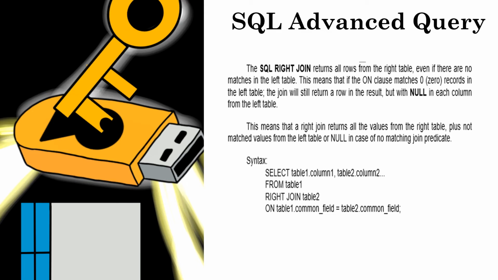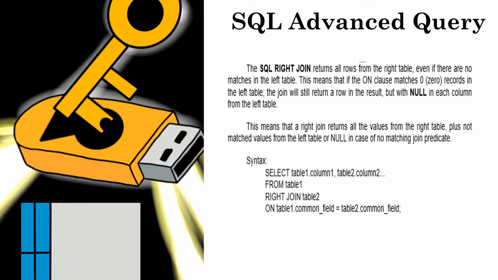A right join returns all the values from the right table plus matched values from the left table, or null in case of no matching join predicate. So for this syntax, we just replace the inner join and the left join with a right join.